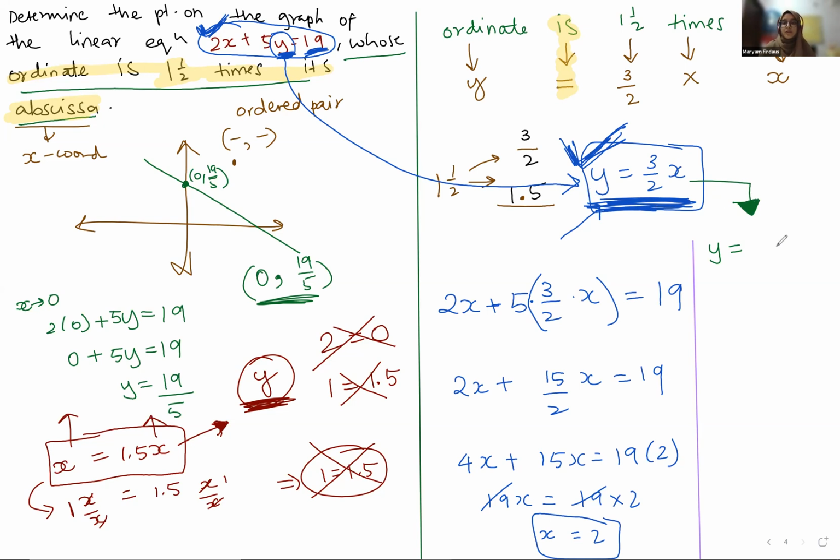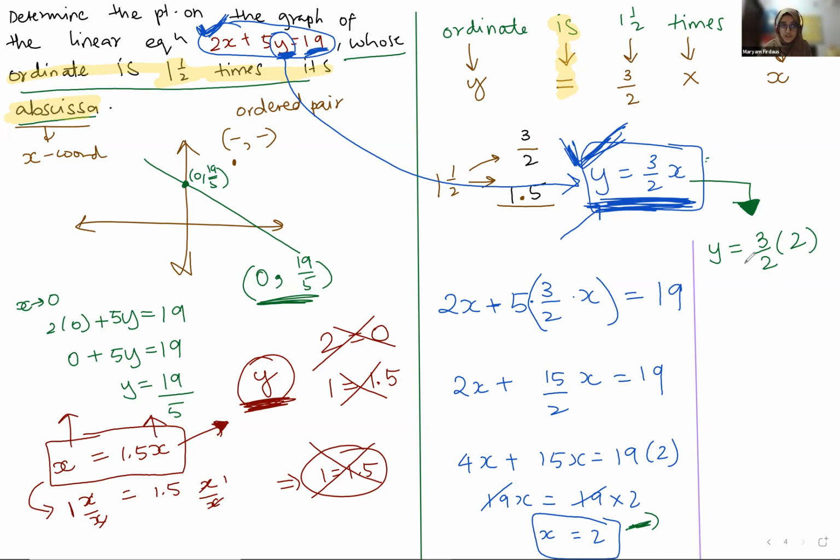Alright, so now tell me, what will y be? If my x is 2, then from this equation, what will y be? We know that y is going to be 1.5 times x. And if x is 2, then y will be 1.5 times 2, right?